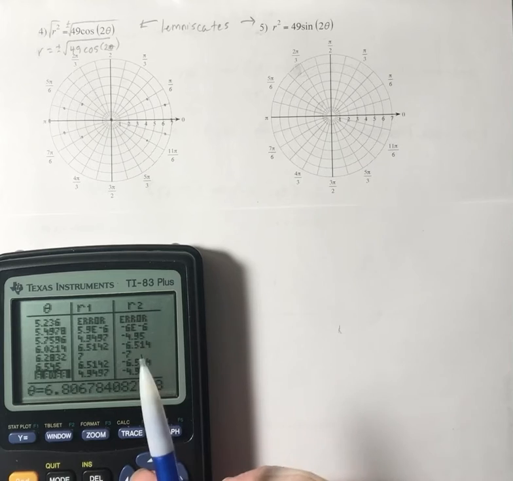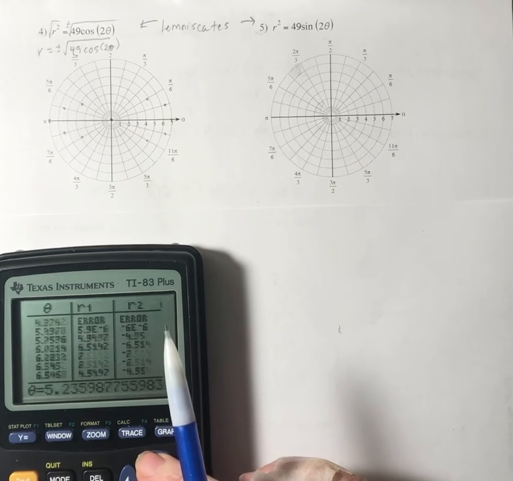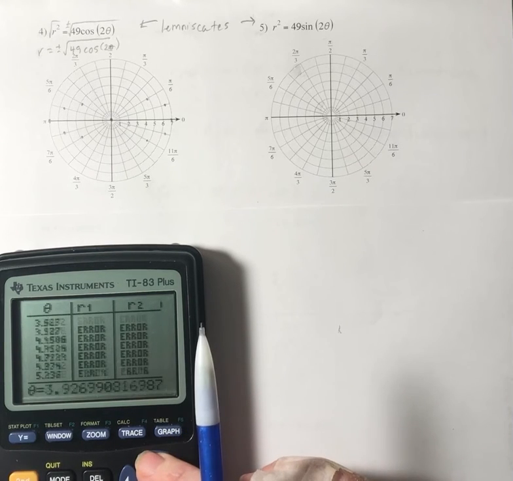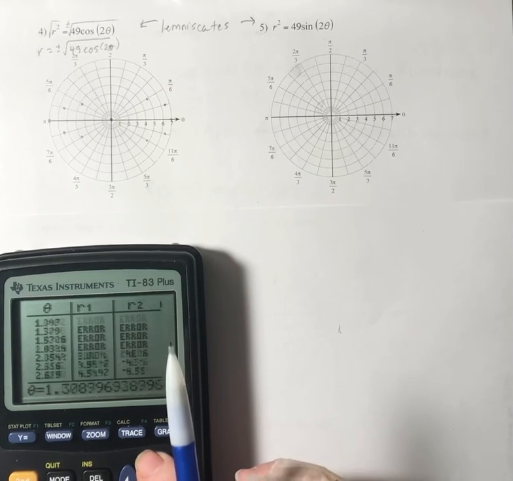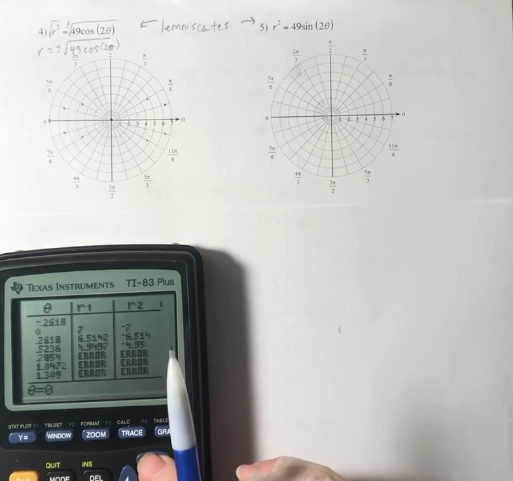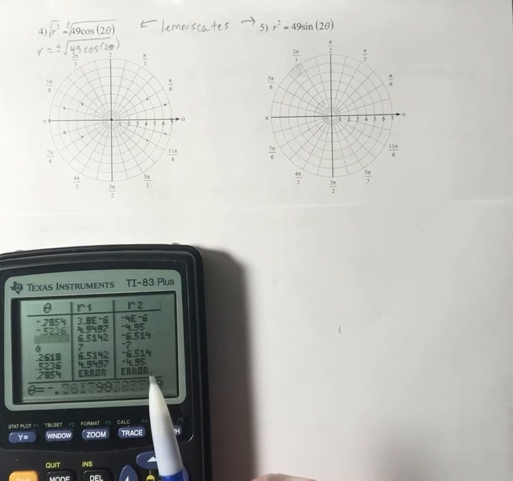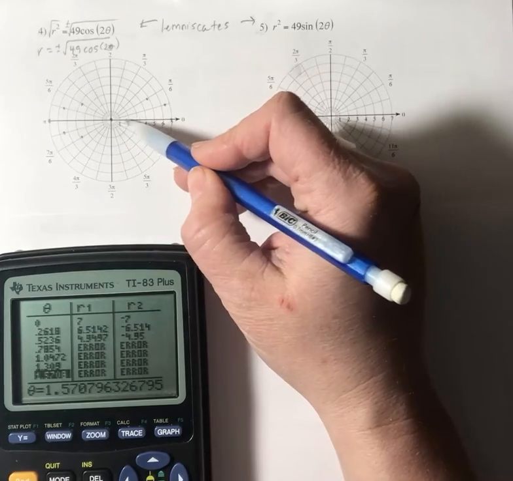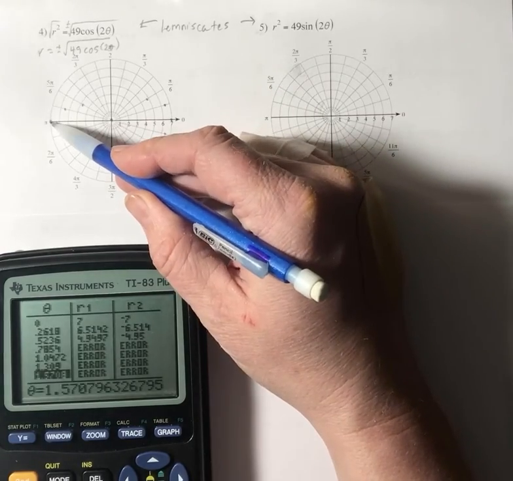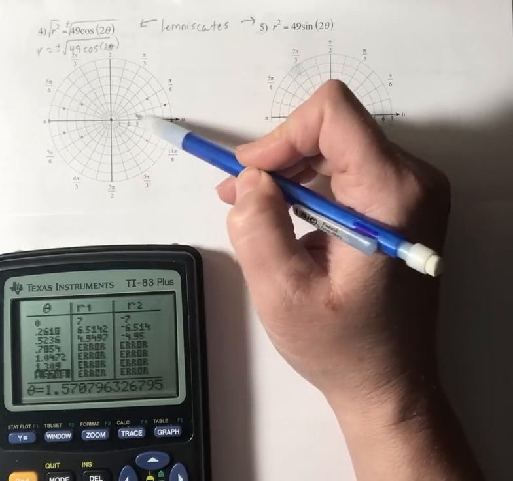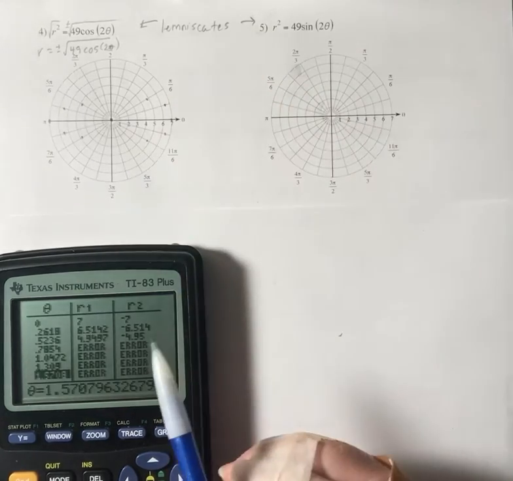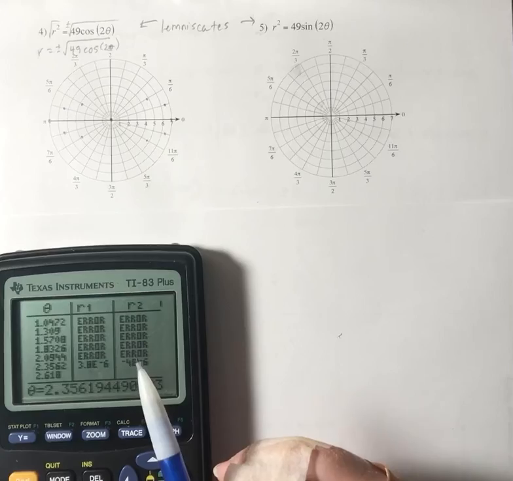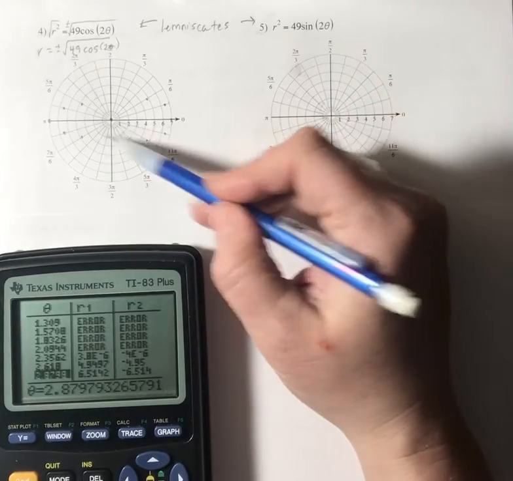Now, if I look at my r2, I went too far. At 0, it's at negative 7. Well, I already have that point. Then at pi 12ths, it's at negative 6.5, and then negative 4.9, and so on and so forth.